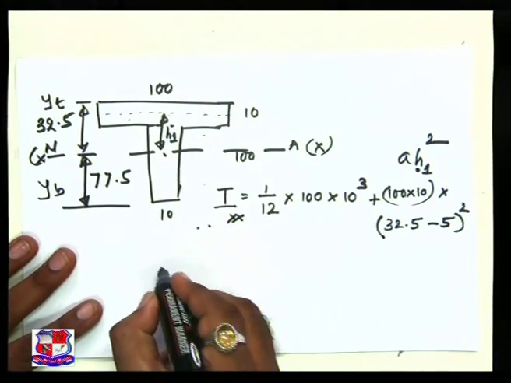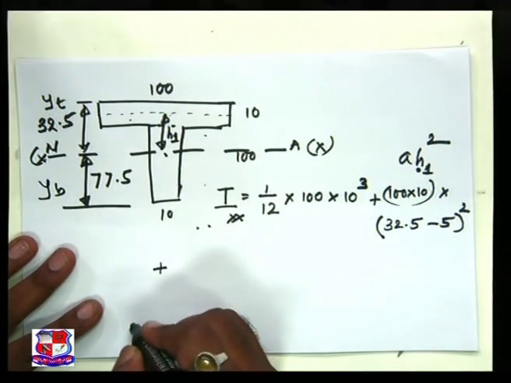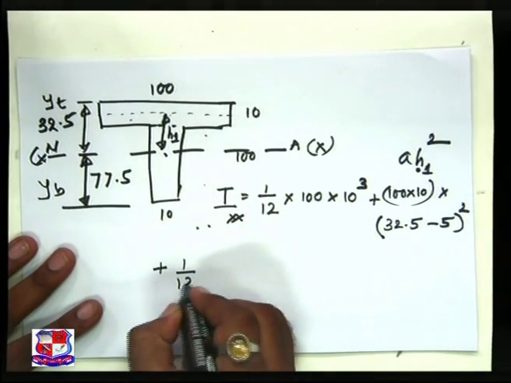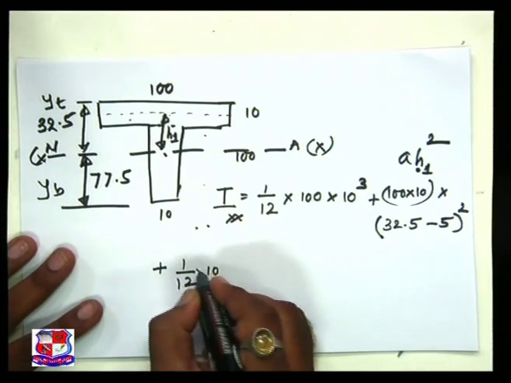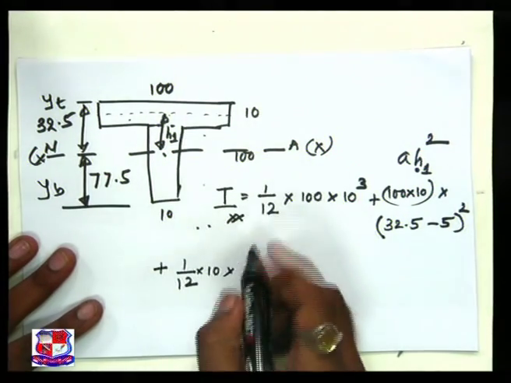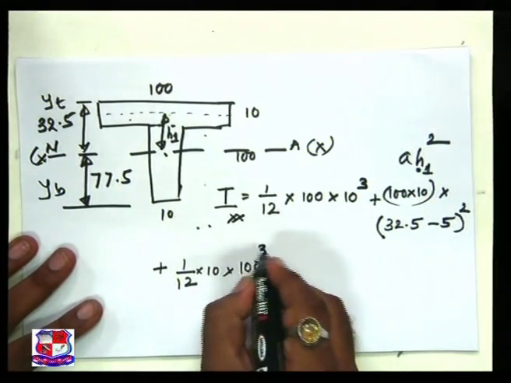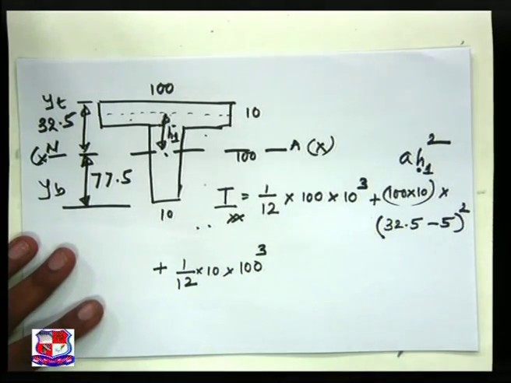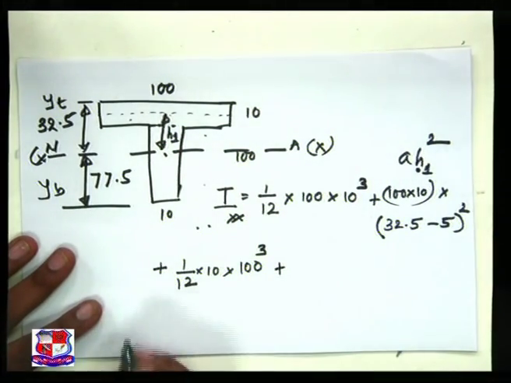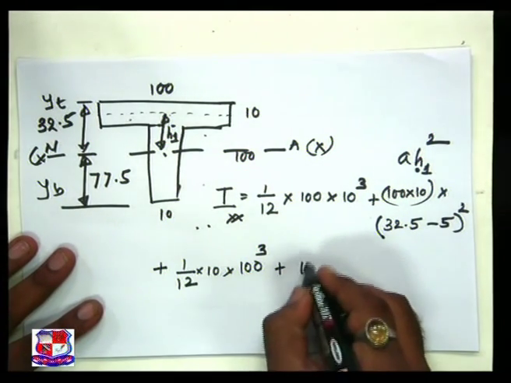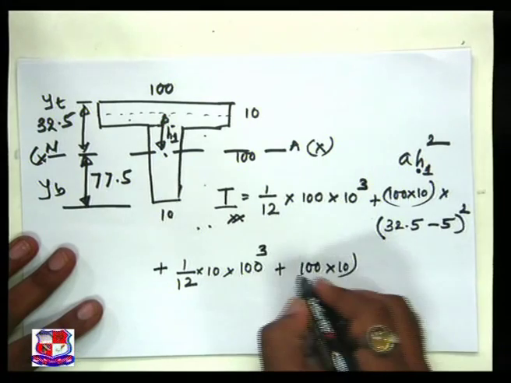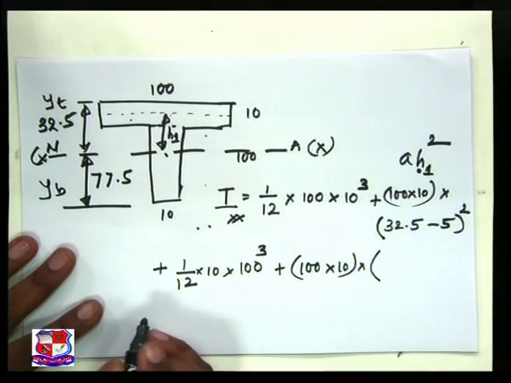I have to go for another rectangle, plus 1 by 12 b d cube. b is 10, d is 100, cubed, plus A h square. A, we know, is 100 into 10, into h square.